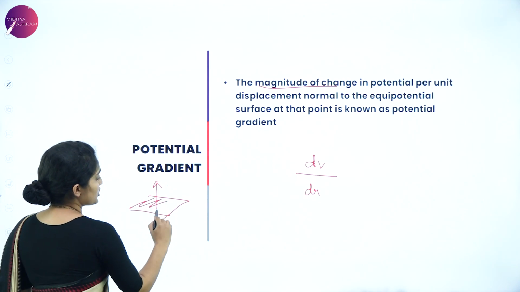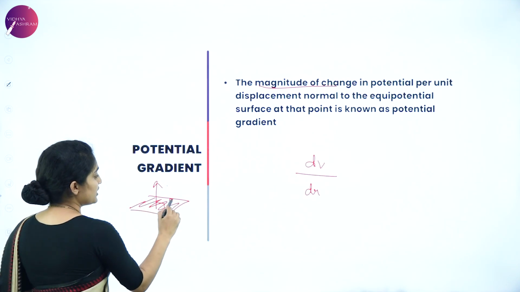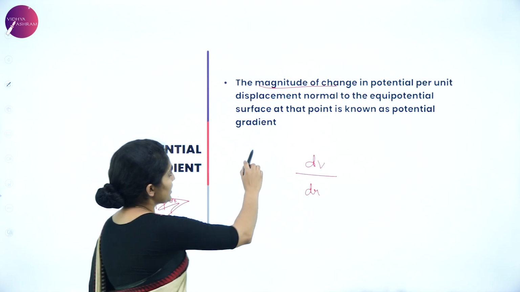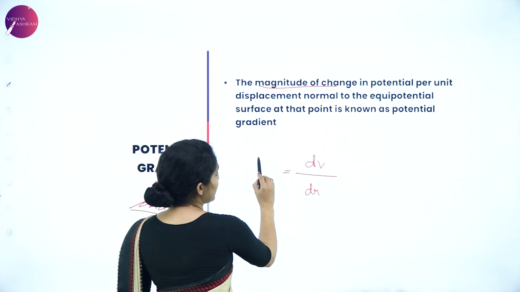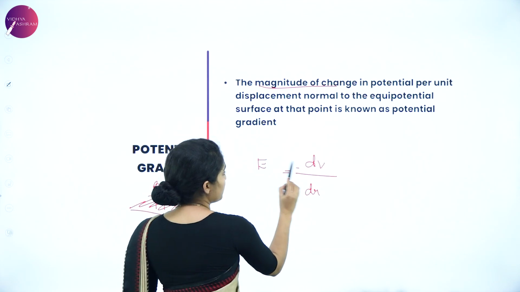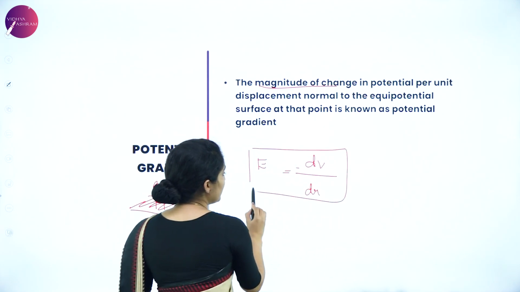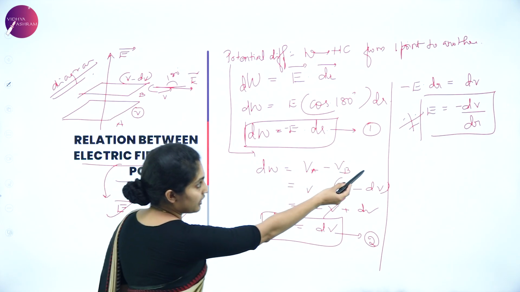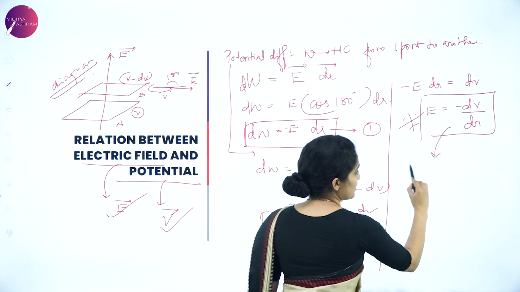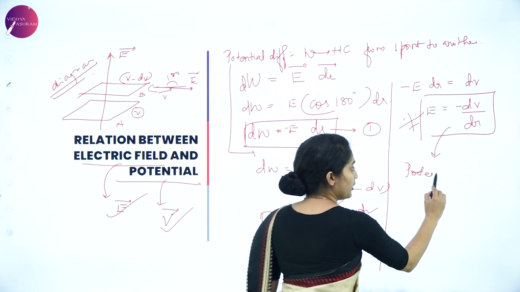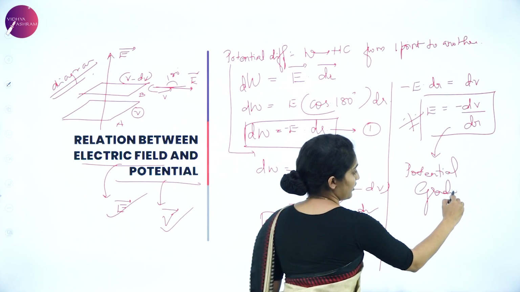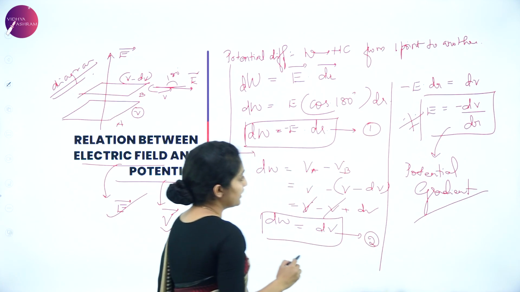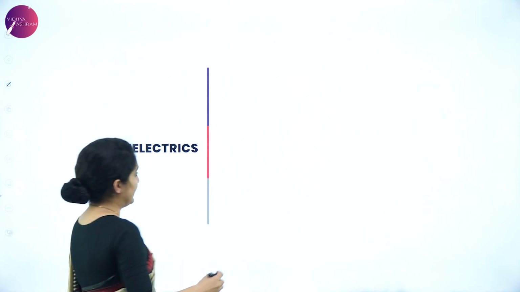This is the equipotential surface to which it is normal. Normal means it is at 90 degrees to the surface. At that point, it is known as potential gradient. So we have E is equal to minus dV by dr according to your previous equation. So this is termed as your potential gradient.